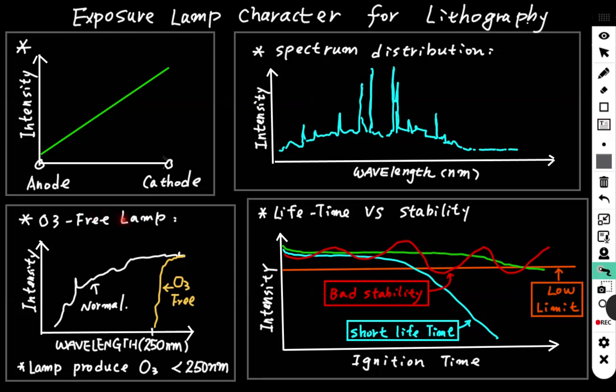An ozone-free lamp. First of all, we have to know that a lamp produces ozone below 250 nanometer wavelength.